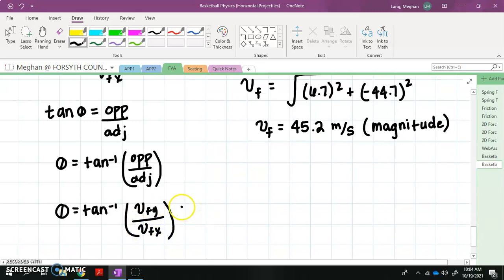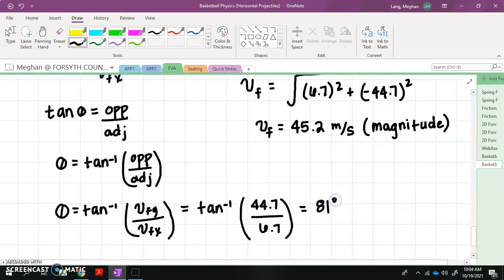All right, so our theta would be equal to inverse tan, and I'm just going to use the magnitude. So you don't want to use the negative here. You want to use the magnitude of these values. So V final y was 44.7 over V final x, which was 6.7. So our theta comes out to be 81 degrees, which is pretty big.